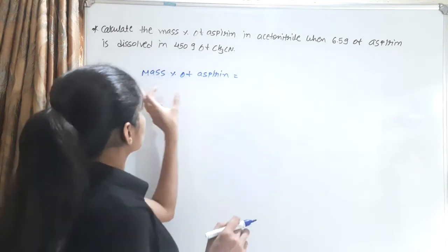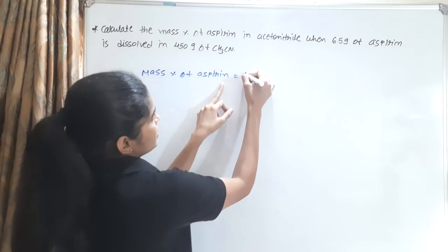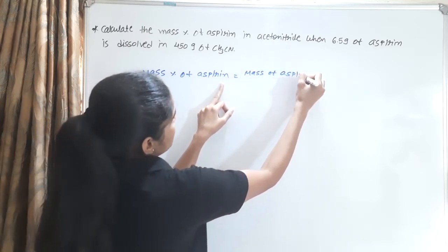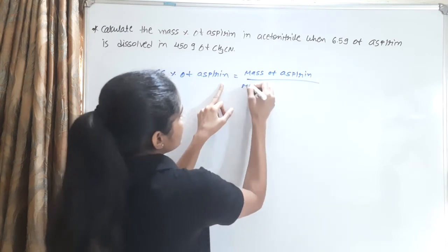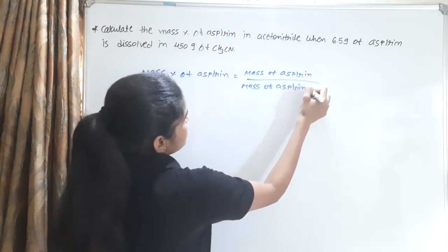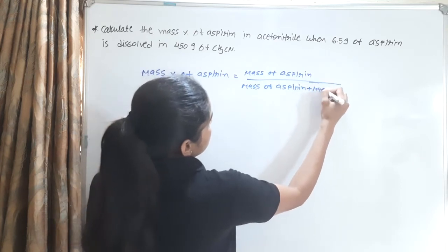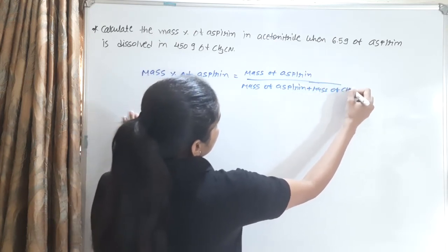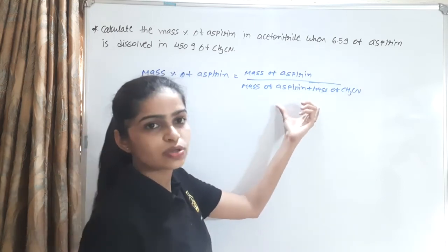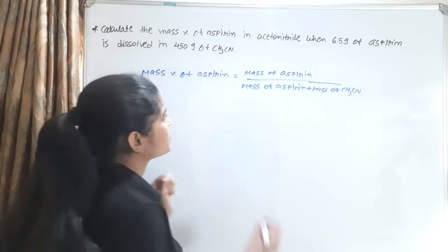So in this, the mass percentage of aspirin is the mass of aspirin divided by the mass of aspirin plus the mass of acetonitrile, because this is the mass of the solution, solvent and solute.